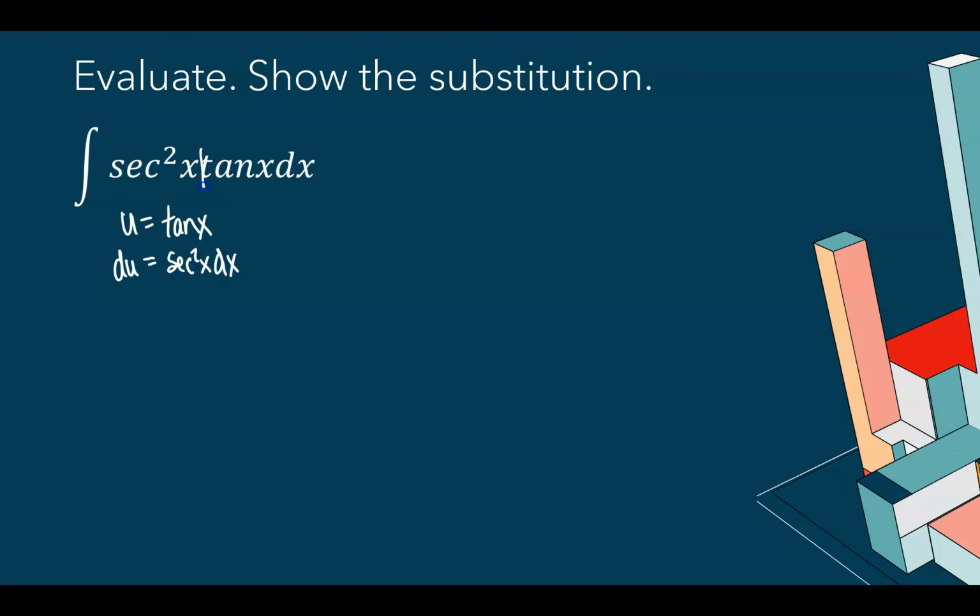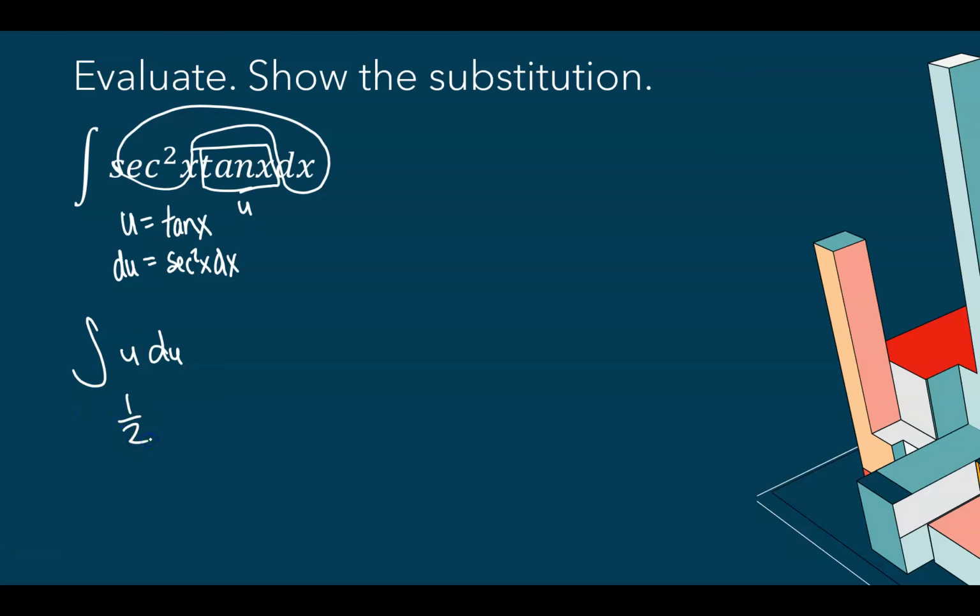And tangent of x is going to turn into U, so we're going to rewrite that as the integral of U. And then everything else, the secant squared x and the dx, all of that combines to be du. And so the antiderivative is 1/2 U squared plus a constant, so 1/2 of tangent squared x plus a constant.